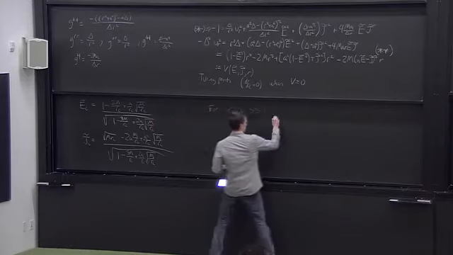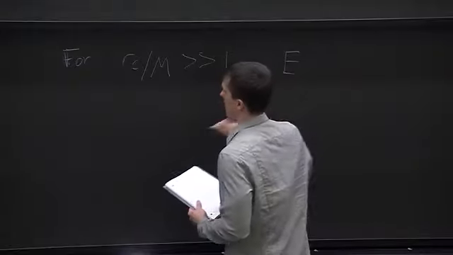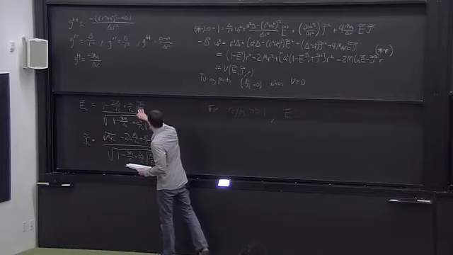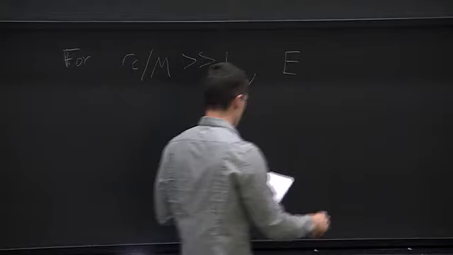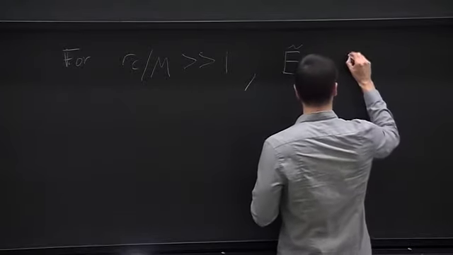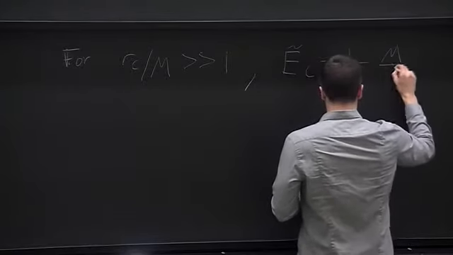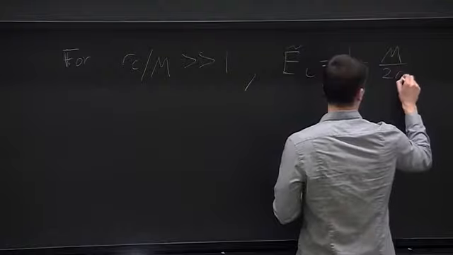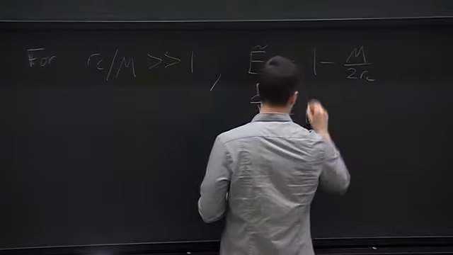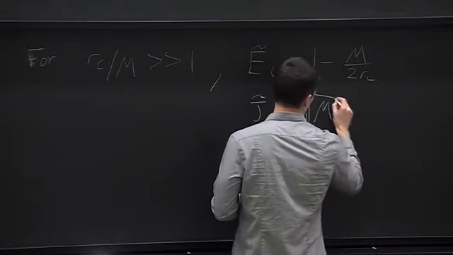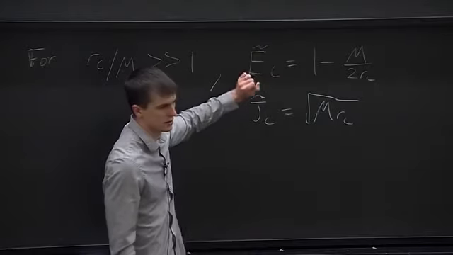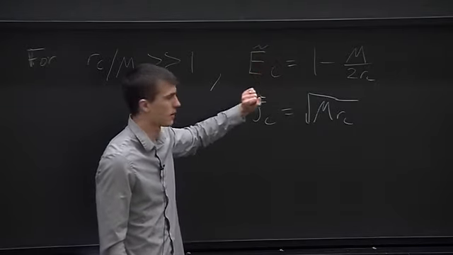So in that case, just dropping all the terms that go away, like 1 over r to some higher power, we just get this expression for the energy, and this expression for the angular momentum, and this is just the familiar Newtonian values.